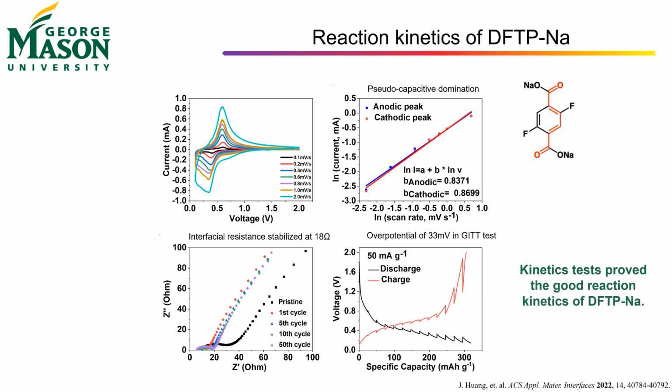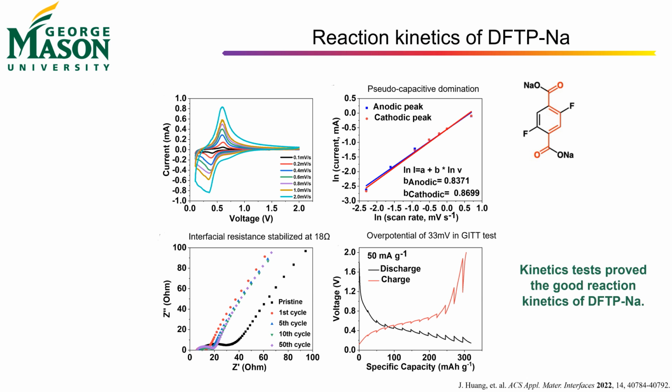For example, we did the CV test. The anodic and cathodic peaks correspond to the charge and discharge plateaus in the charge-discharge curve, and we performed a high rate test at a current density of 1000 milliamperes per gram, and found that DFTP sodium can stably run for 1000 cycles.